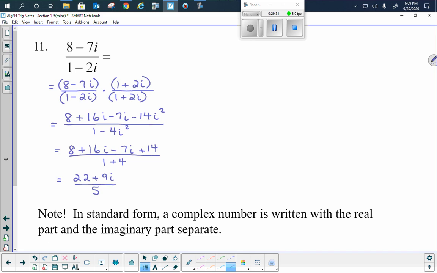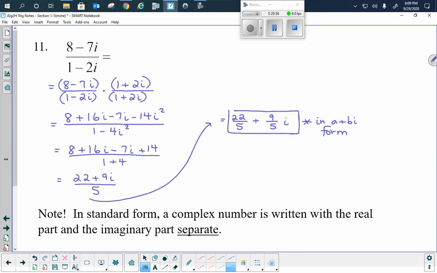And then just go ahead and get it in the right format if we're asking for a plus bi form. So that will equal 22 over 5 plus 9 over 5 times i. Once again, that's in your a plus bi form.